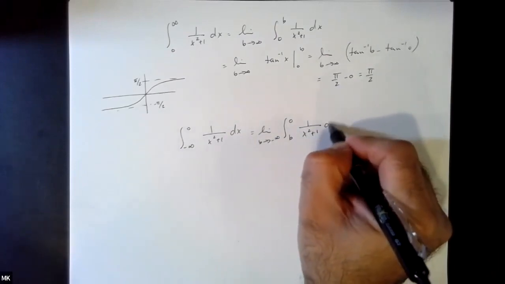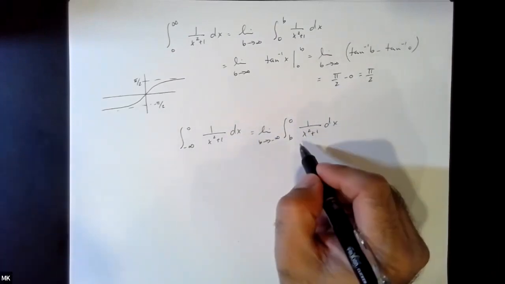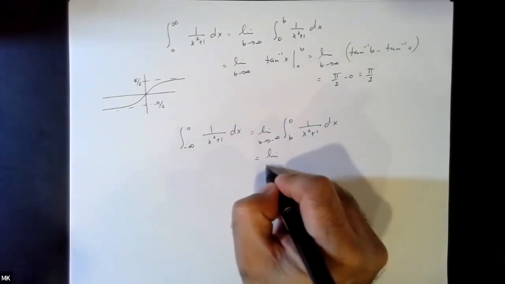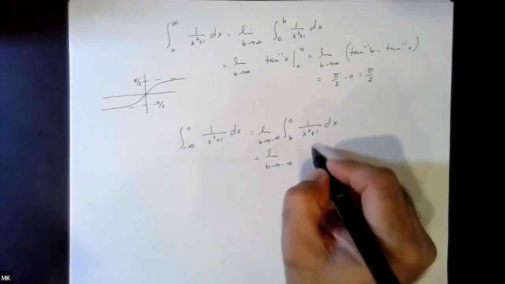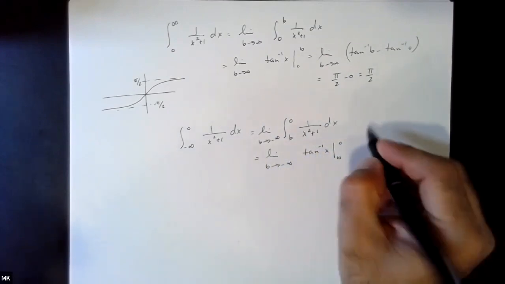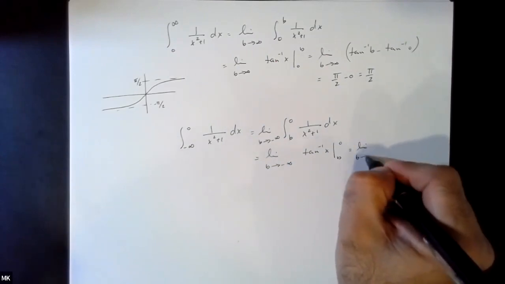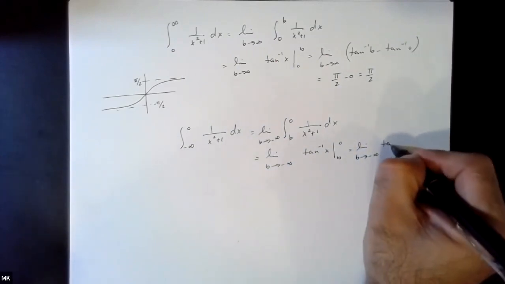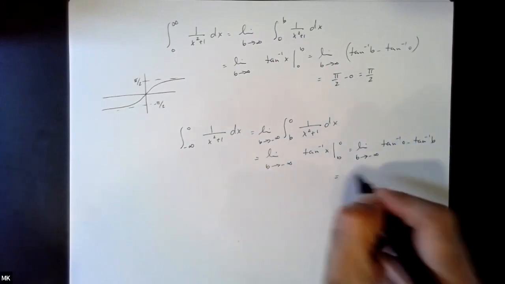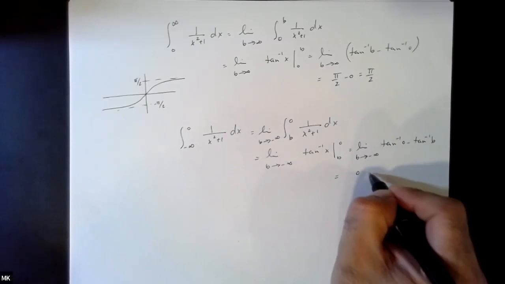Once again, you treat this just like a definite integral. So it's going to be the limit as b goes to negative infinity of tan inverse of x from b to 0, which is the limit as b goes to negative infinity of tan inverse of 0 minus tan inverse of b. Tan inverse of 0 is 0.